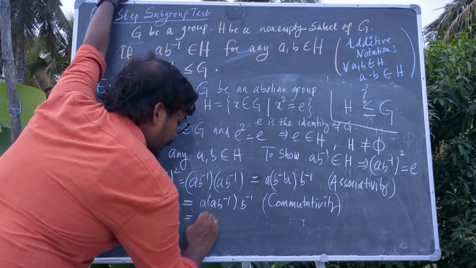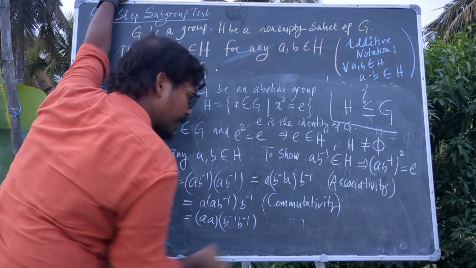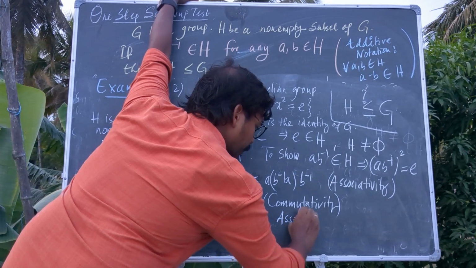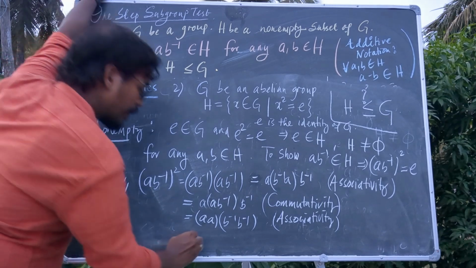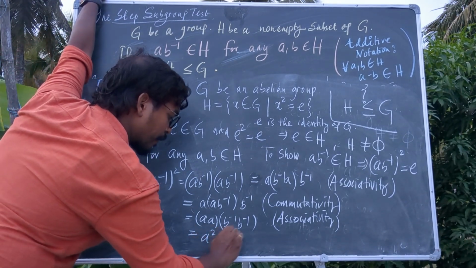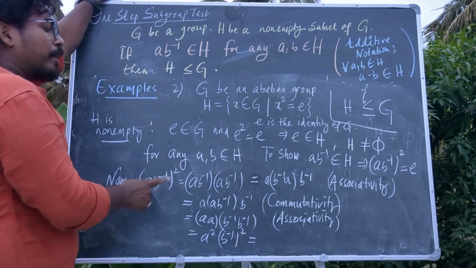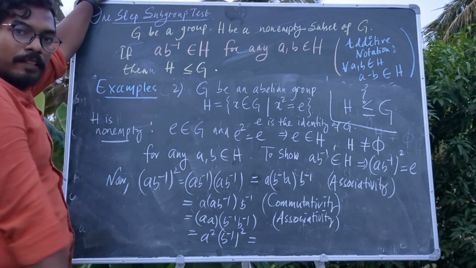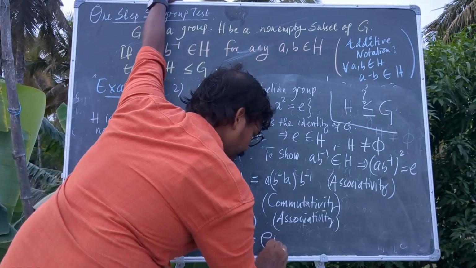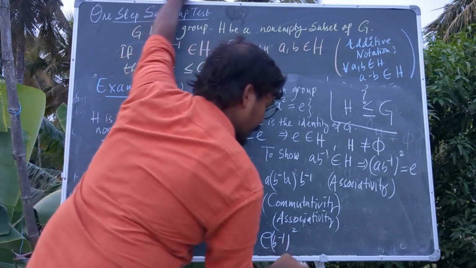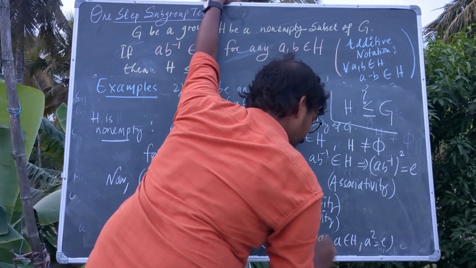And by associativity again, I can write this as a squared times b inverse squared. A and b are in the subset H. Therefore a squared is identity, as a belongs to H. Pause the video to note.